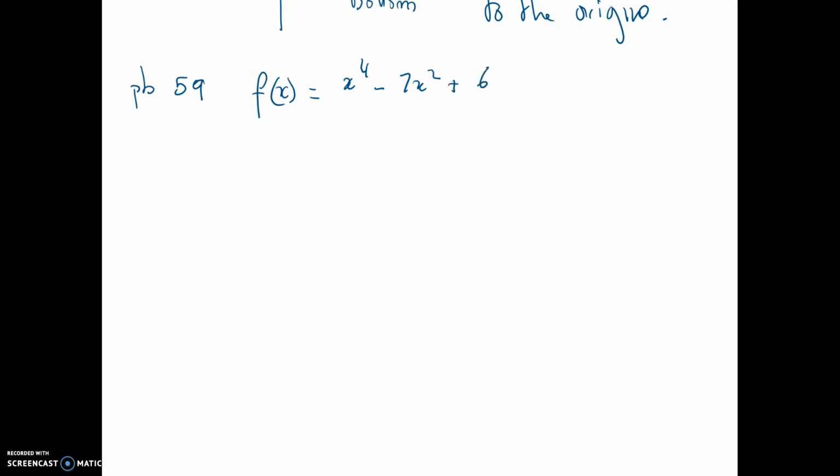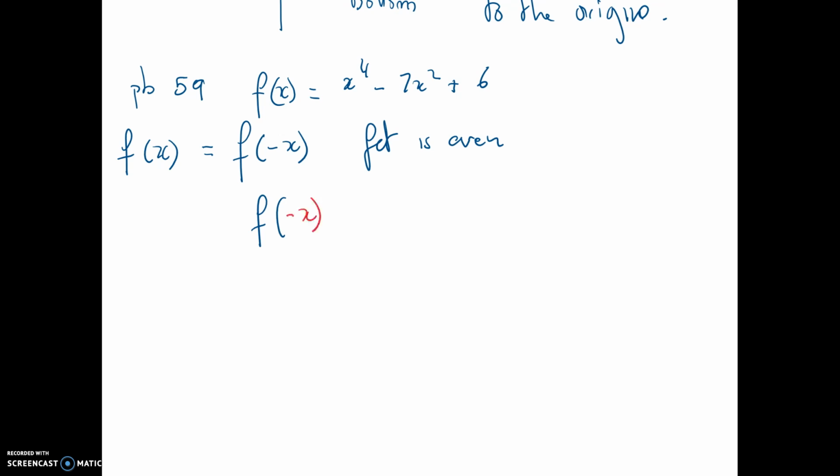To determine if a function is even, you take your function f of x and substitute x by negative x. If you find that f of x equals f of negative x, that means your function f is even. So every single x will be substituted by negative x.